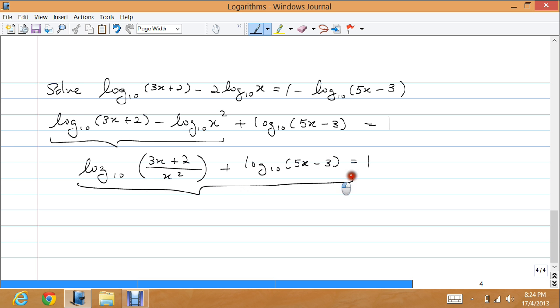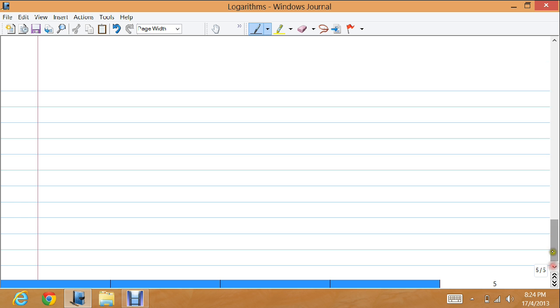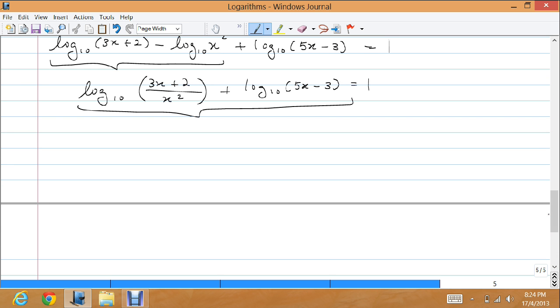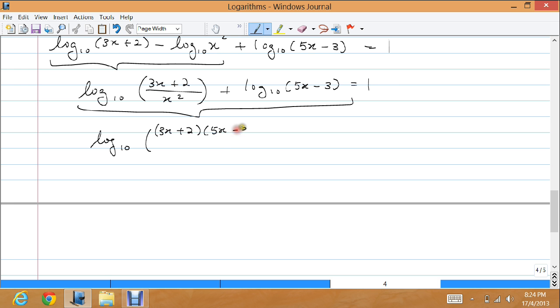Then I apply my sum to product to get log base 10 of 3x plus 2 times 5x minus 3 over x squared equals 1. So log base 10 of this big expression is equal to 1, right? 1 is the power when the base is 10.